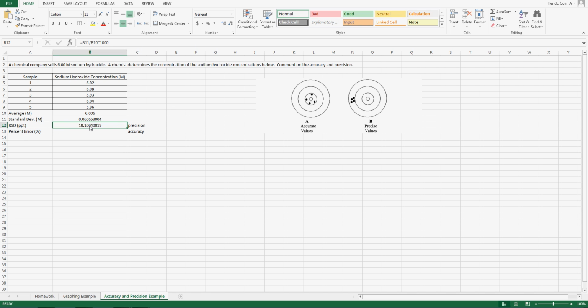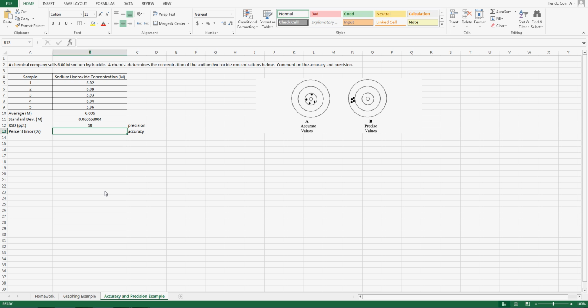Typically, you round this to the nearest whole number, and you can do that by clicking this. You can get more or less digits by clicking on that. So to the nearest whole number here, our relative standard deviation is 10, which is a measure of precision.